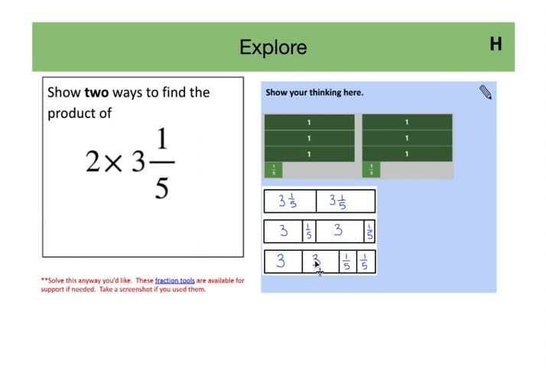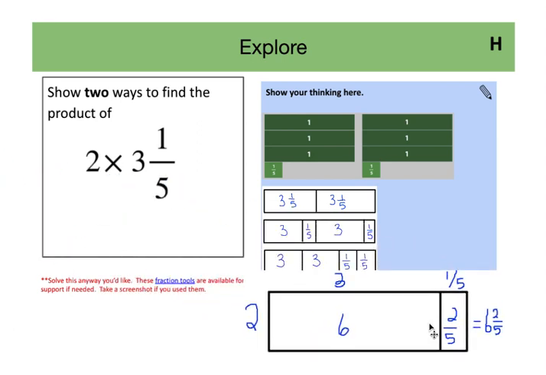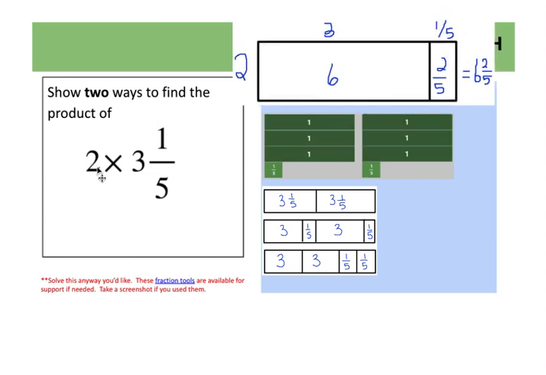And then maybe they put together the whole numbers and put together the fractions to come up with that 6 2/5. Maybe students used an array to solve it. And they split up 3 1/5 into 3 and 1/5, and then multiplied 2 times 3 to get 6, and 2 times 1/5 to get 2/5, and still get that answer of 6 2/5.